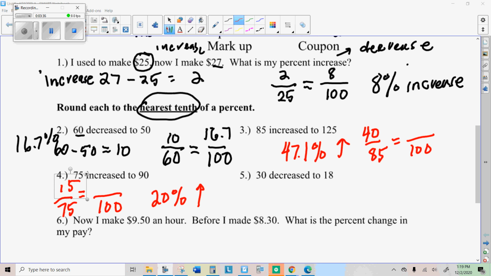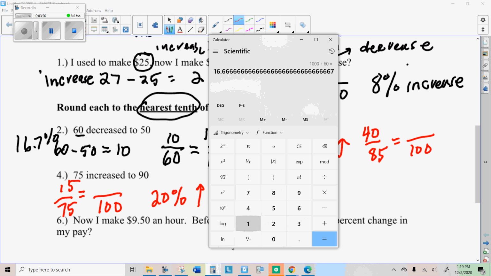So in this last one, I just want to show you one little shortcut that I do. When I know that I'm finding the percent, I can do a shortcut. So we are going from 30 to 18. So I do 30 minus 18, which is 12. That's my part. And my whole is the original amount, which is 30. At this point, I just go right to my calculator and do 12 divided by 30. Just change that ratio into decimal.